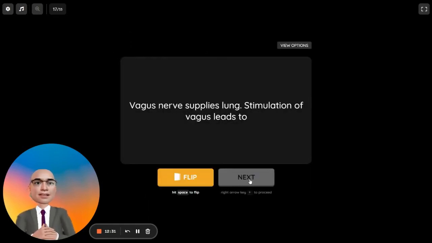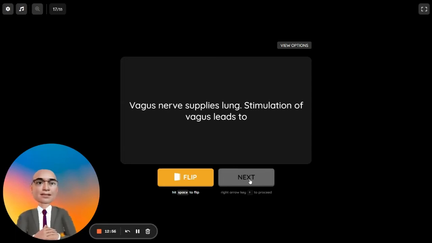Vagus nerve supplies the lung, and stimulation of the vagus nerve leads to... If you have revised the general anatomy of the nervous system, then the vagus nerve is a parasympathetic nerve. You might have heard of thoracolumbar outflow, that is the sympathetic outflow, and the parasympathetic outflow is craniosacral outflow.